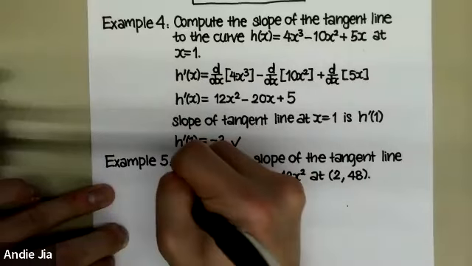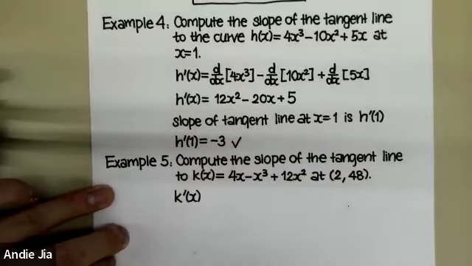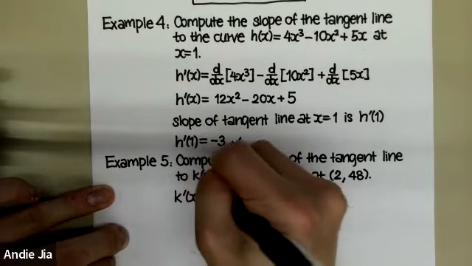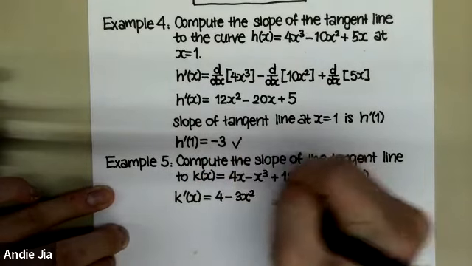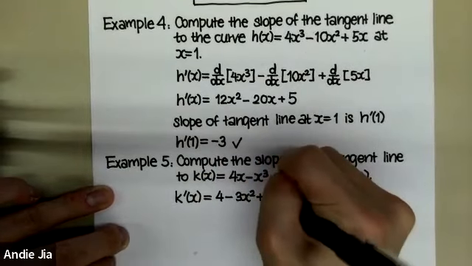So k prime of x is 4 minus 3x squared plus 24x.